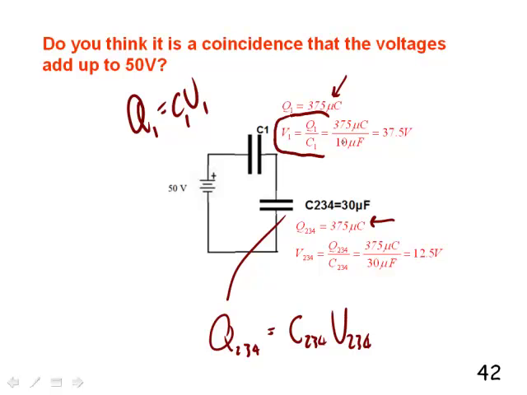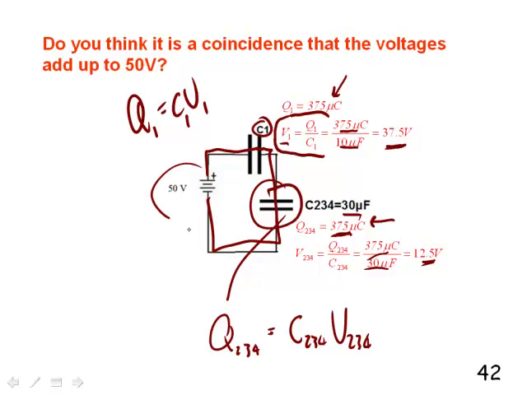So I put Q1, which is Q total also, divided by C1, and I get 37.5 volts on V1. And then for Q234, I knew that the charge on that capacitor was this 375 also, divided by the capacitance, and I get 12.5. And as a double check, the voltages in that series loop have to add up to 50 volts, and sure enough, they do. 37.5 plus 12.5 is 50.